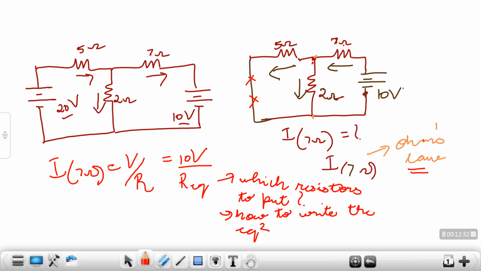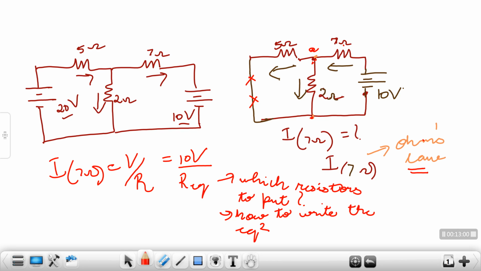So if I have a look at the circuit right now, the current in my 7 ohms at this node, say I call it node A, will split itself up into two parts. One part will flow through 5 ohms, second part will flow through 2 ohms. At this junction it will end up and go back to my source. So what's actually going to happen is, the current in my 7 ohms is going to indirectly flow through 5 and 2 ohms.